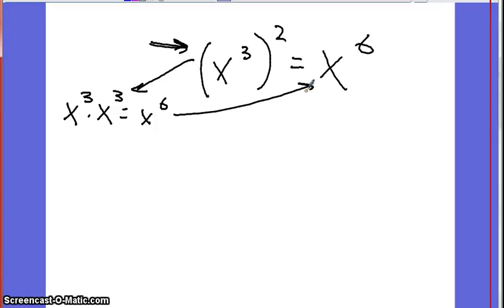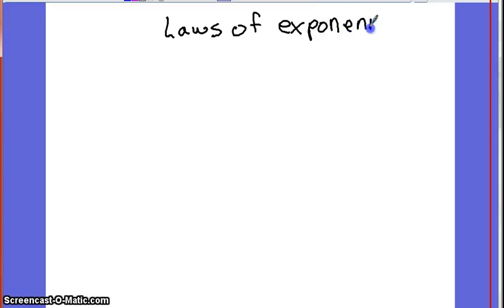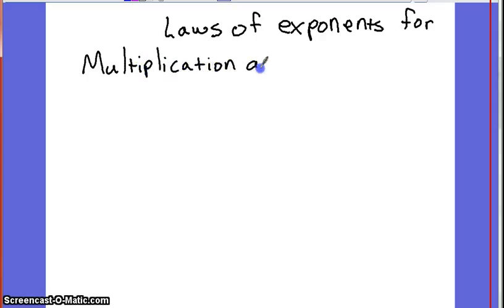So in your notebooks, I want you to write these laws down. This is the laws of exponents. Not a hard lesson today, more rules. Laws of exponents for multiplication and division. Oops, spelled that wrong. Laws for multiplication and division.